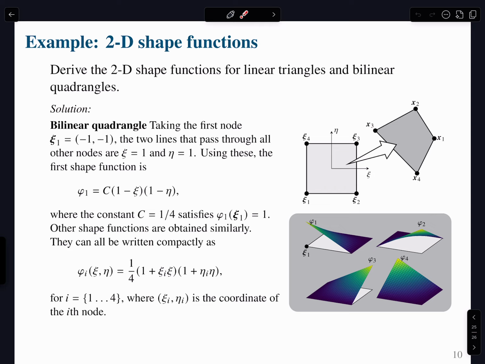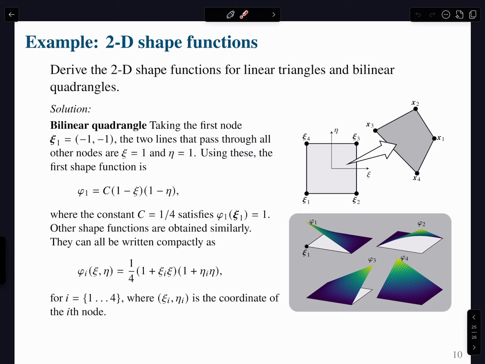Obviously, there is a direct mapping that is very straightforward, the same way we wrote every single equation so far. So my x is going to be equal to the sum i equals 1 to 4 of phi_i times x_i, x_i being the coordinates of the nodes in the physical space. That is the way we do the mapping of the geometry.